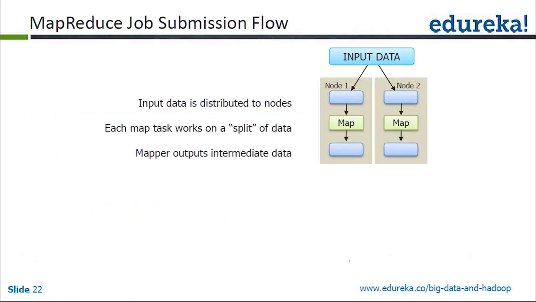The input data is sent to the nodes, and each mapper task works on a split of data, the logical split that we have. Mappers always produce their output on the local machines or nodes.